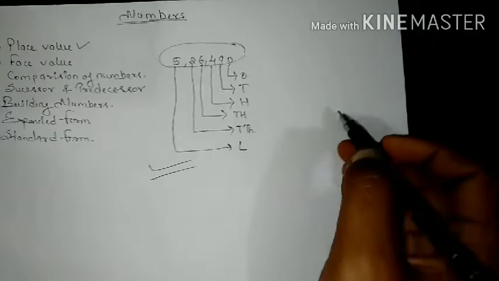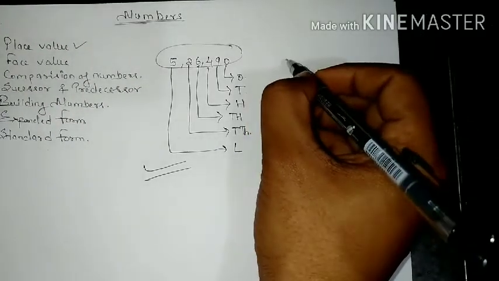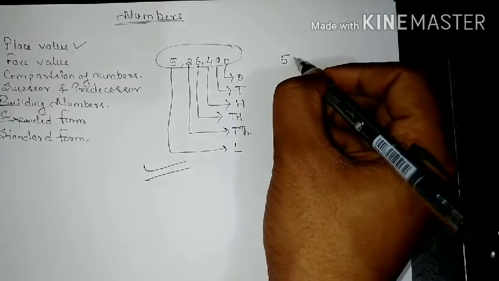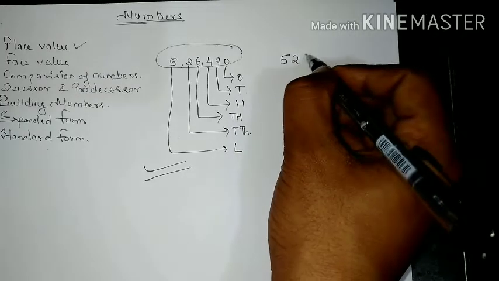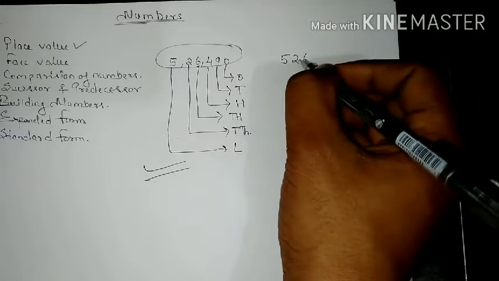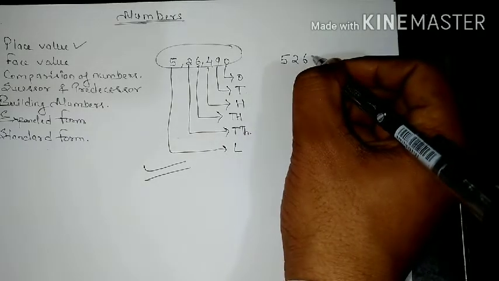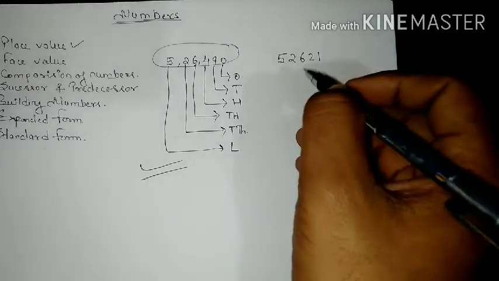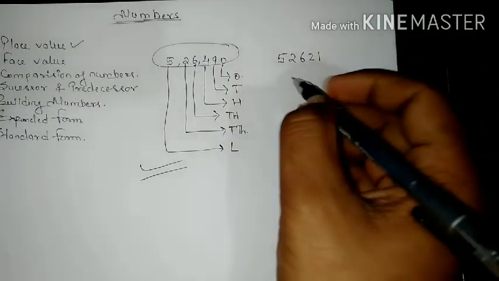Let's take an example. For example, there is a number 52,621. So how can you find the value of the particular digit?